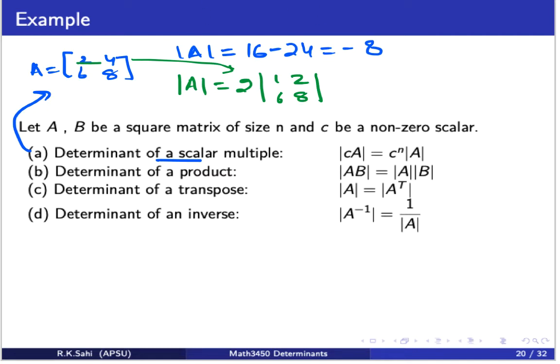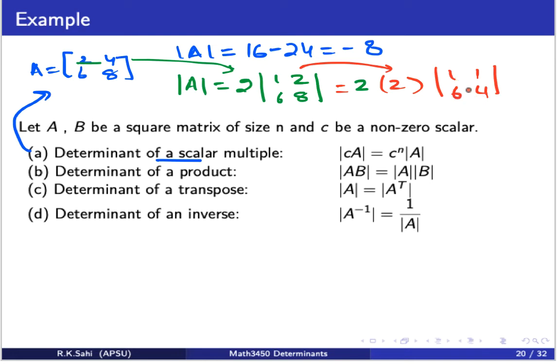Again, it is a 2. Let me keep the color scheme the same so you know what I'm doing. So here is 2, and this 2 I'm taking out from column number 2. What are we left with? 1, 1, 6, 4.